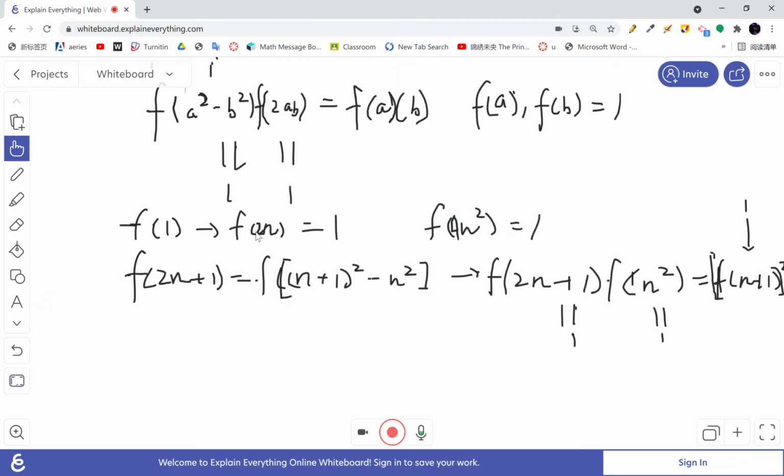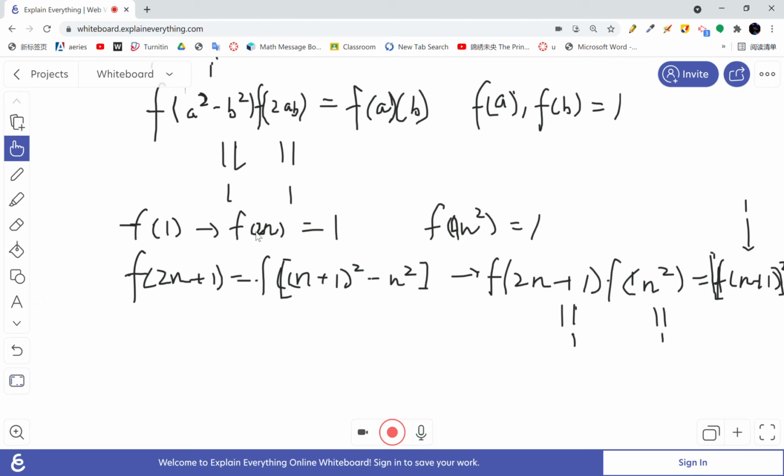This is done. No, so if we know that from f of 1 to f of 2n plus 1, we want to also prove that then f of 2n plus 2 is equal to 1, right?